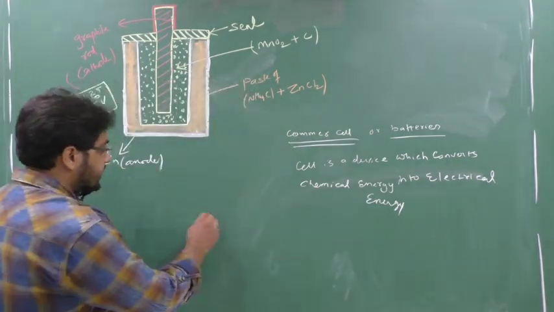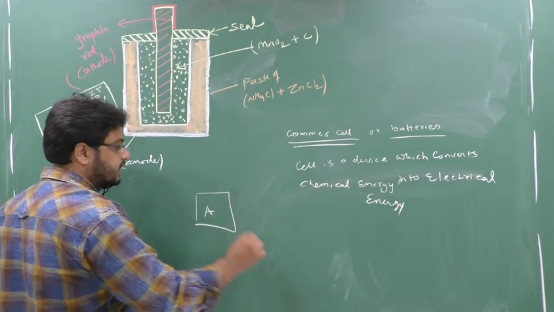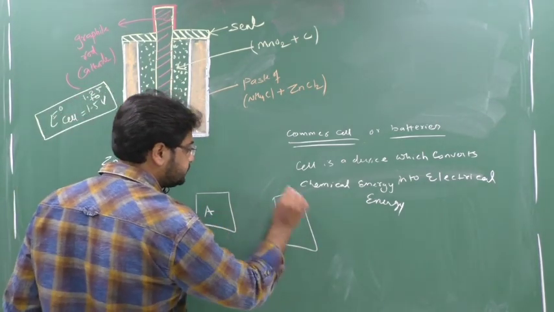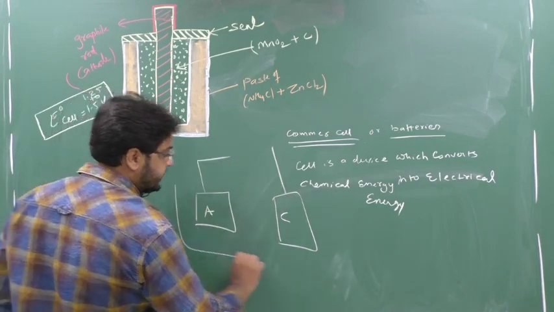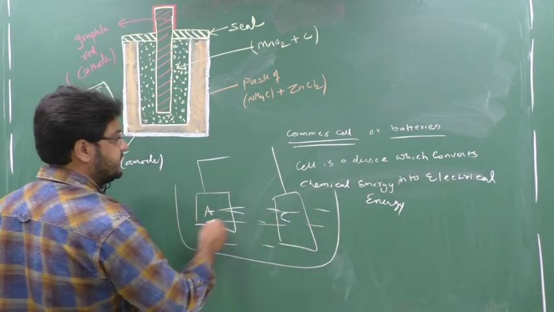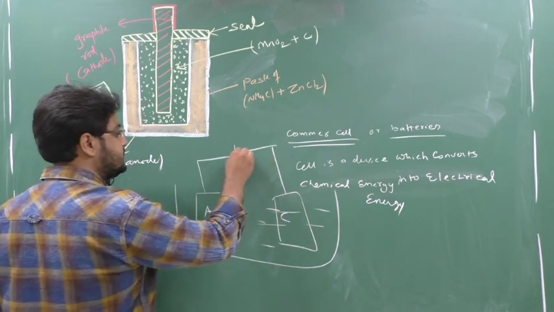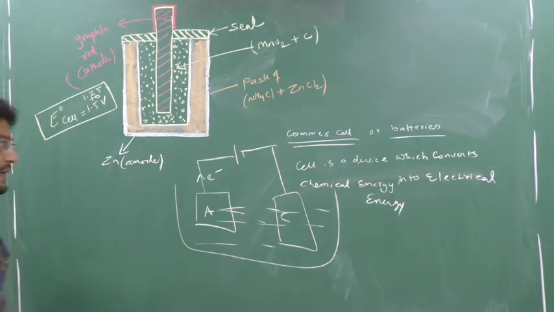Suppose in the commercial cells or batteries, we have first the anode, and here we have the cathode, and we connect them. There is a chemical filling here, so when the connection is done, the electrons get transferred from anode to cathode, and this we have discussed many a time.